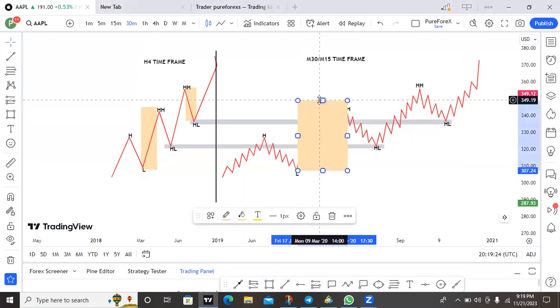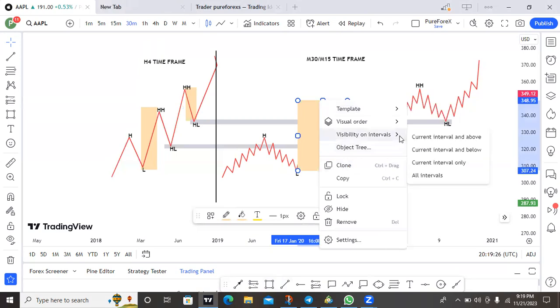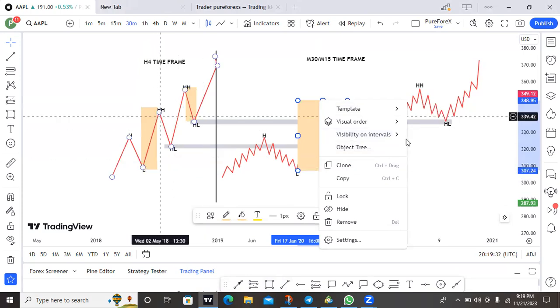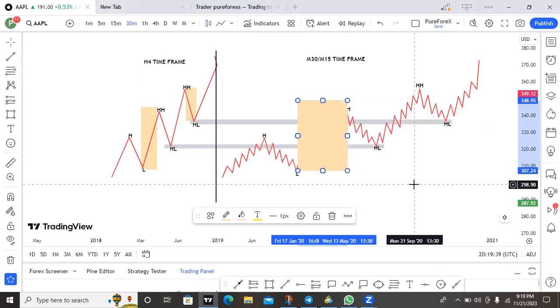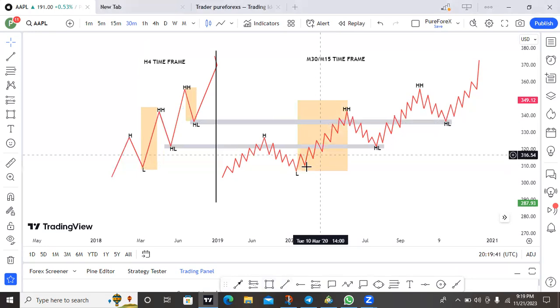So what are we seeing? The lower time frame, on this impulsive move on the H4 time frame, is going to be creating characteristics of an uptrend on the M30 or M15 time frame. Do you understand? Yes. So on a lower time frame, it is going to be forming characteristics of a higher high, higher low, higher high, higher low.